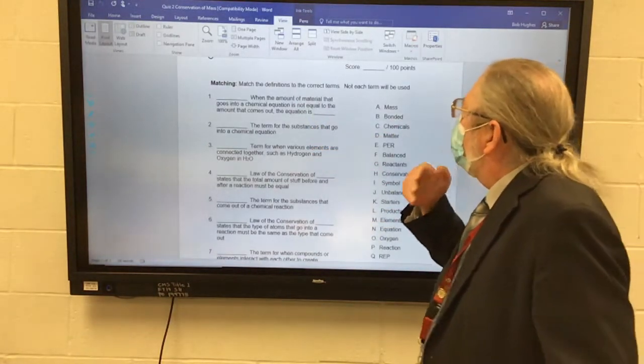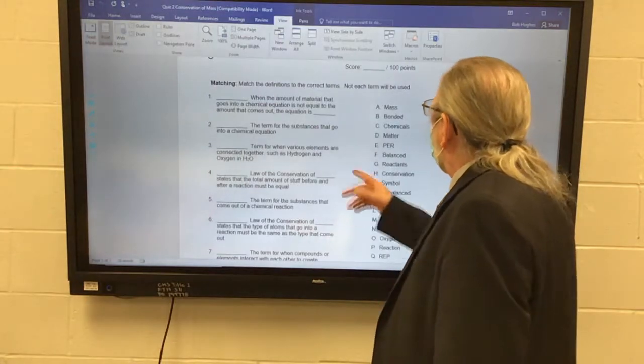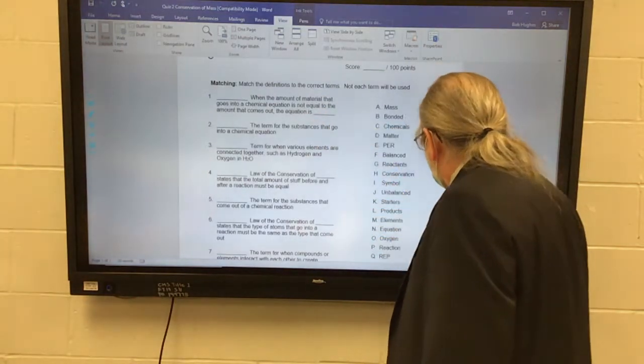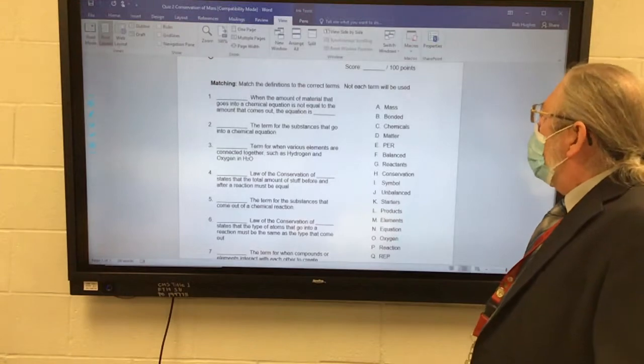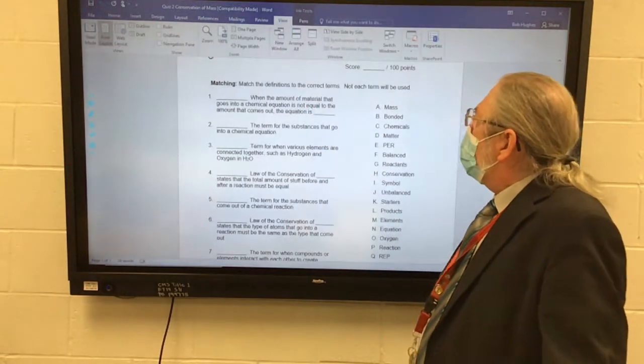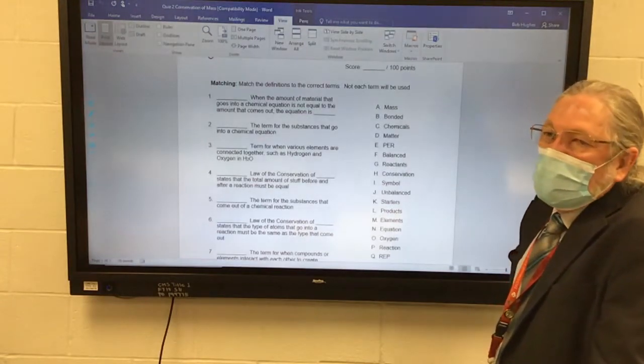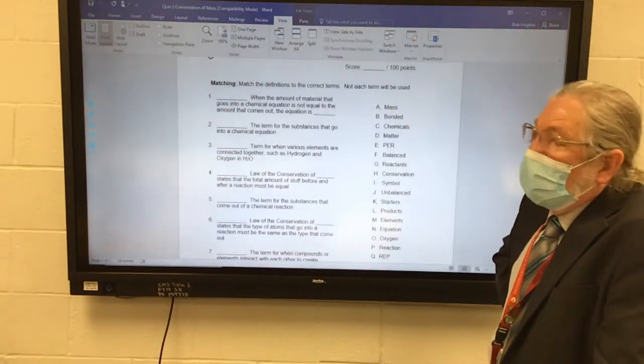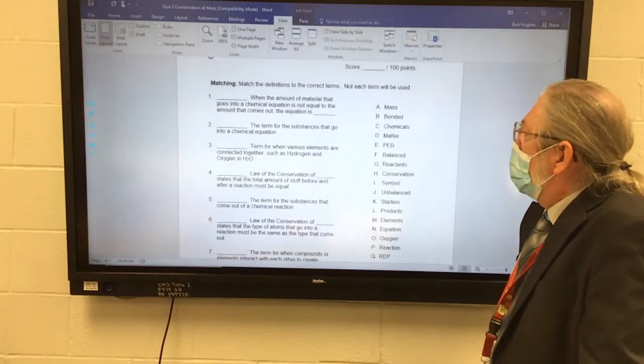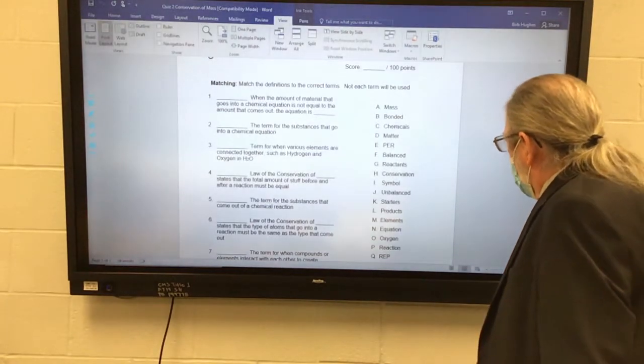Let's begin. We're going to match the definition to the correct term. Number one: when the amount of material that goes into a chemical equation is not equal to the amount that comes out, the equation is what?